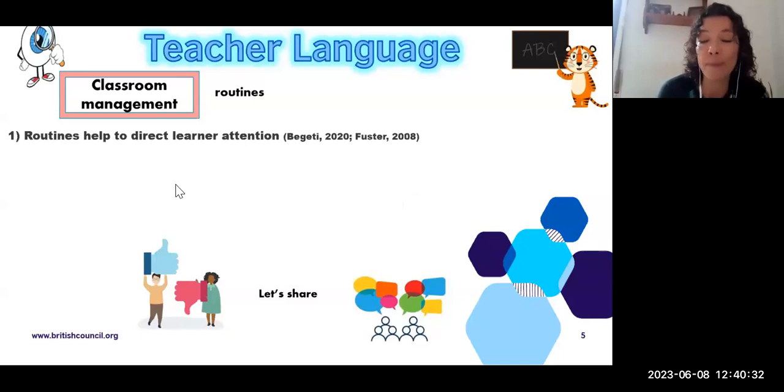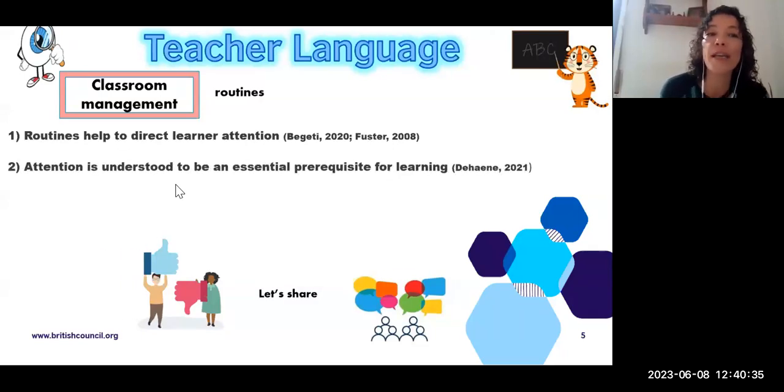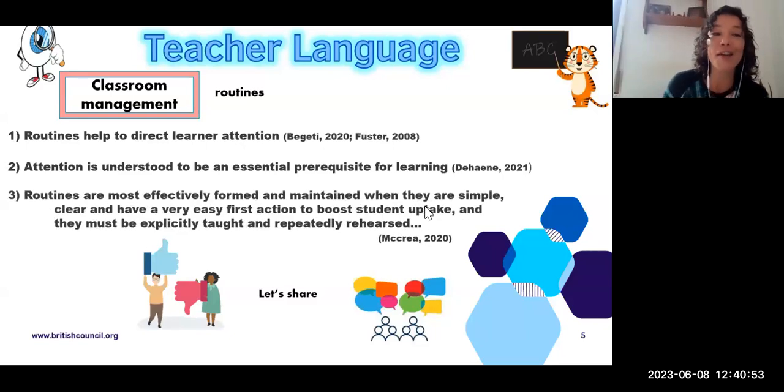Let's have a look at the second one, which was attention is understood to be an essential prerequisite for learning. So it's essential in order to get learning. What do we think about that one? Ooh, we've got yeses again. Yes, big yeses, lovely. Fantastic. Okay, the last one's a bit longer. So here we go.